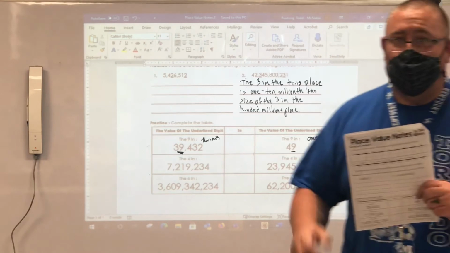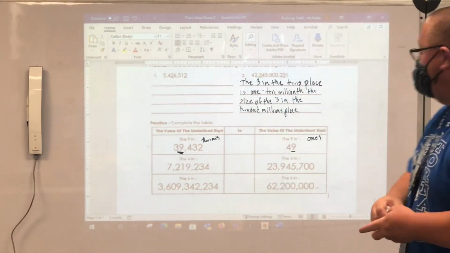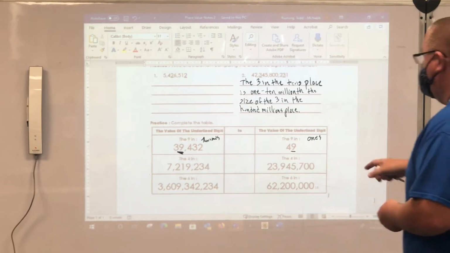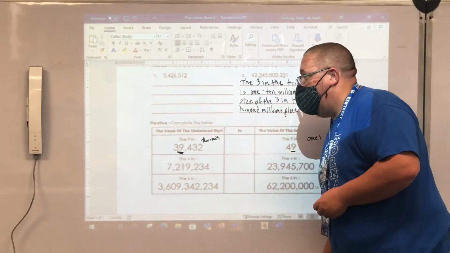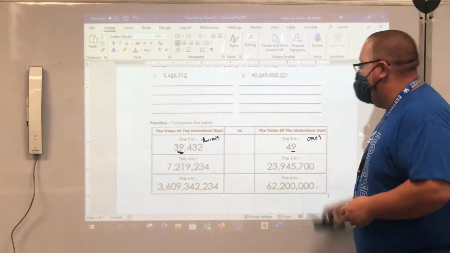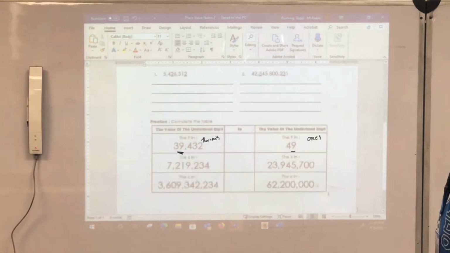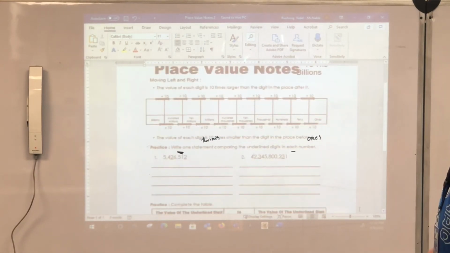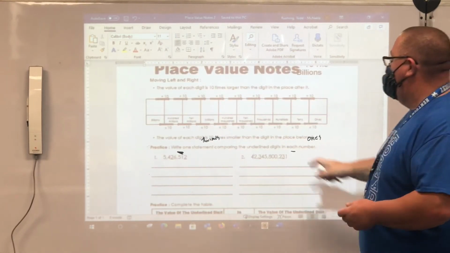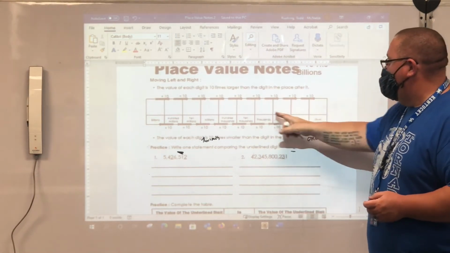So from the thousands place to the ones, I'm going to leave this part up here so we can keep it there. It's nice to have that in front of you. If you go back and look, we're going from the thousands to the ones.